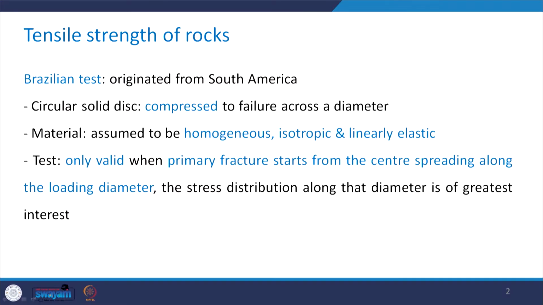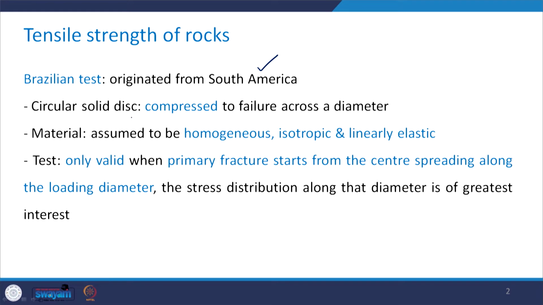So, one such test is the Brazilian test, which originated from South America, and this is the most commonly adopted test to obtain tensile strength of intact rocks. So, that is what we are going to discuss now. As I mentioned, this Brazilian test originated from South America.